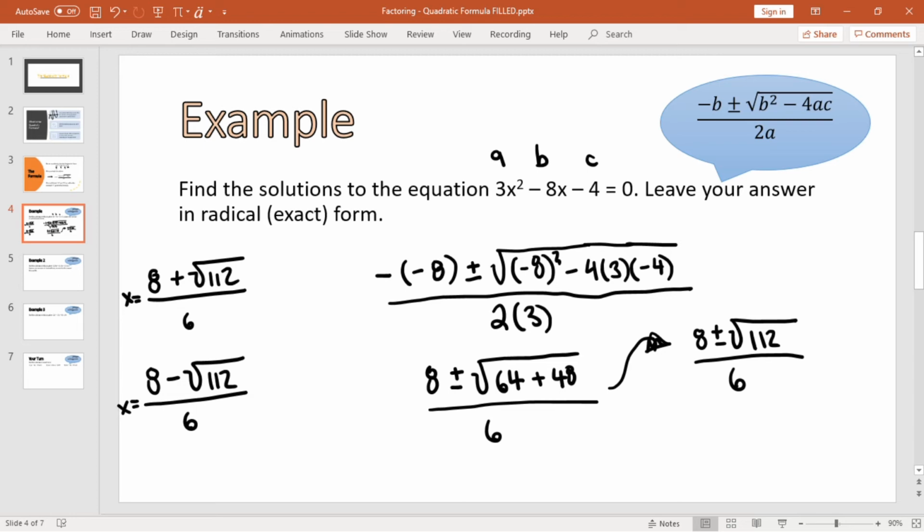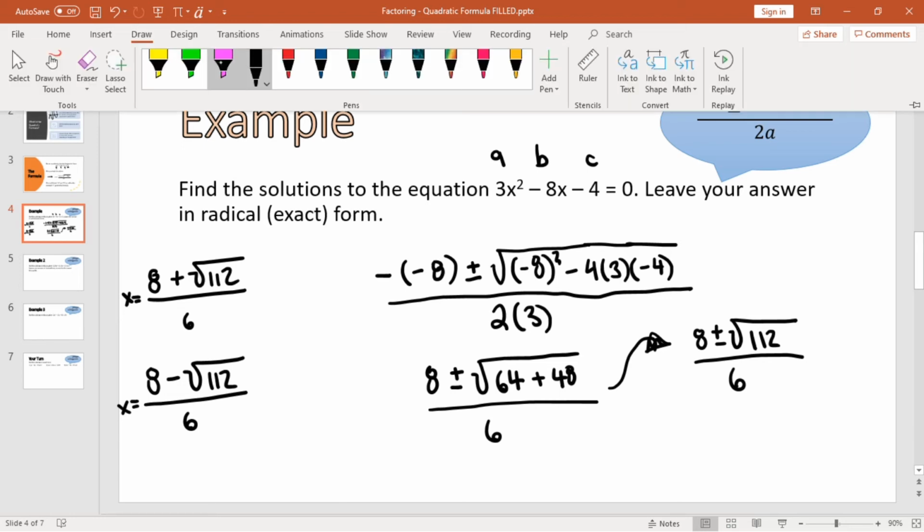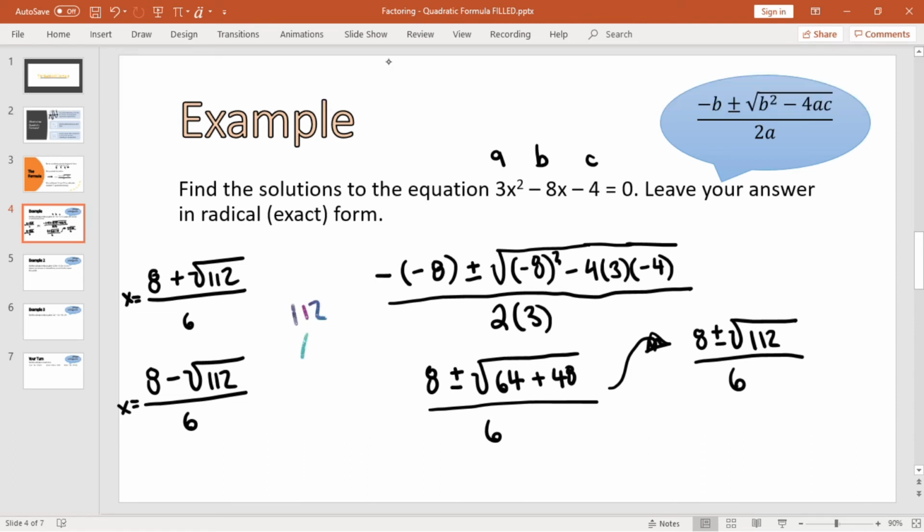If you are fancy pants with your radical simplification, you might be someone who thought about factoring 112, 28 times 4, thought about factoring that, and realized that the root of 112 is the same as 4 root 7.